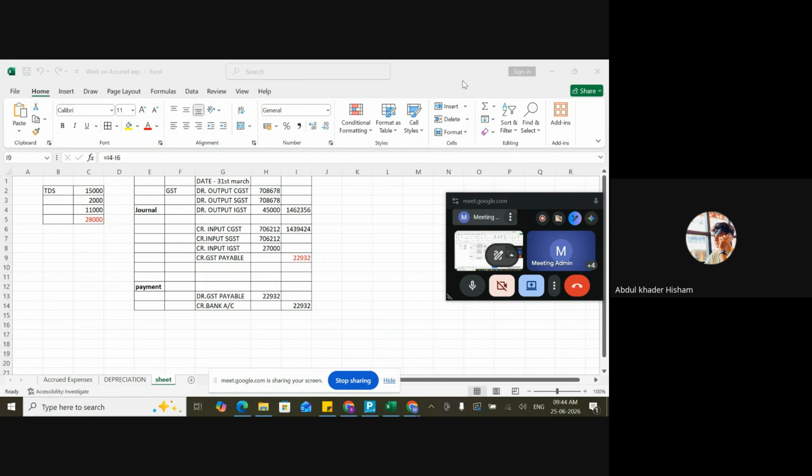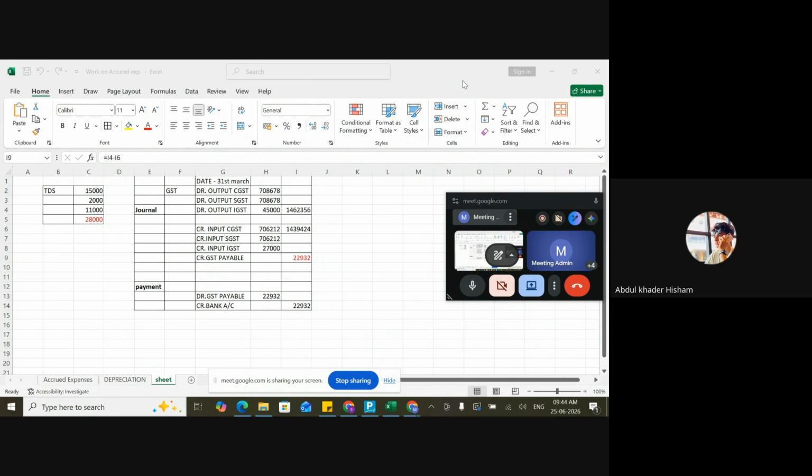Yes, profitable. If the input is more, output is less, if we are selling the goods in less quantity and we keep on purchasing the item, we cannot sell it, then at the end of the year, is that company profitable or not profitable? Not profitable.